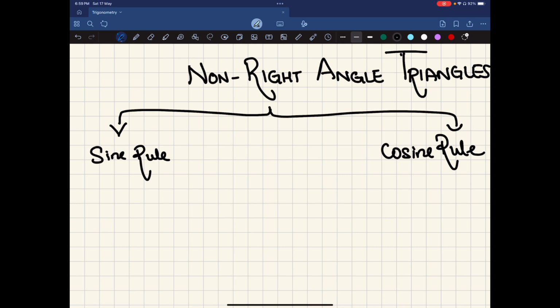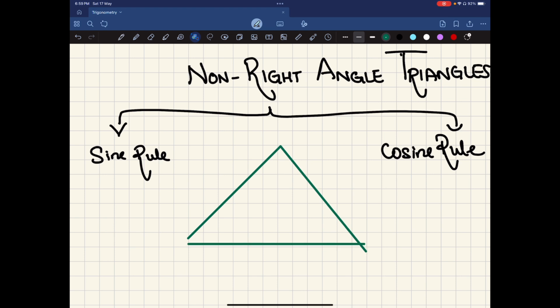Okay, before we get on with the sine rule, one thing that you need to learn is how to read your triangles.